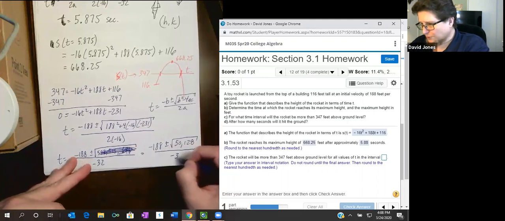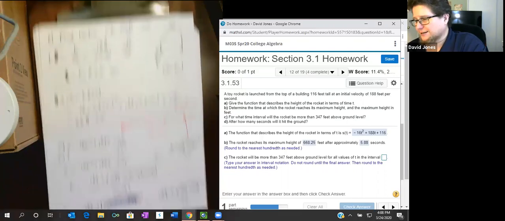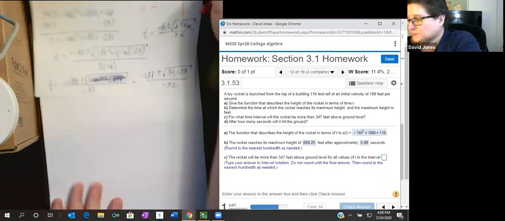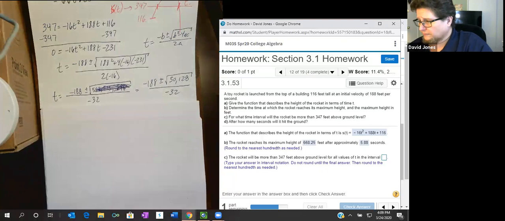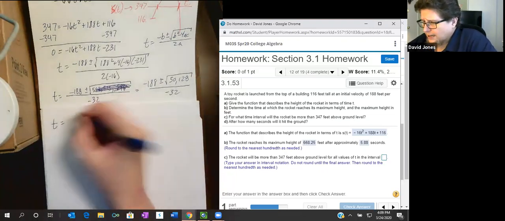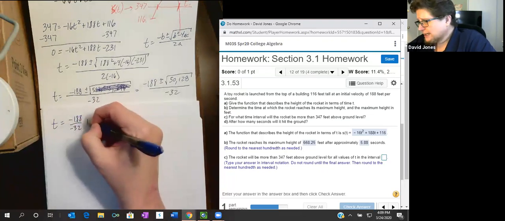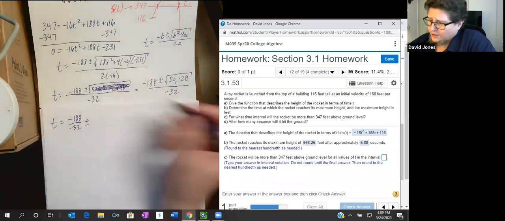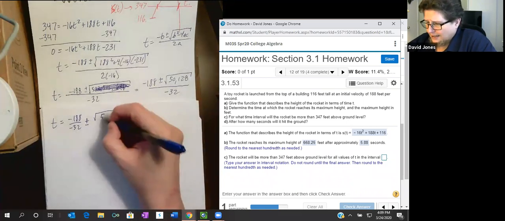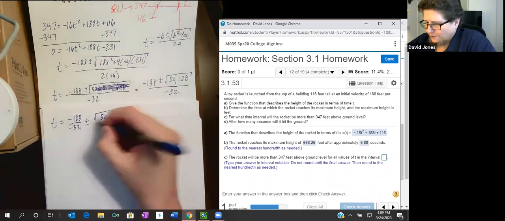That's why you double check your work. When it looks really crappy, it's always worth plugging it in again. Let's work with that. So I get negative 188 over negative 32 plus or minus the square root of 50,128 over negative 32.